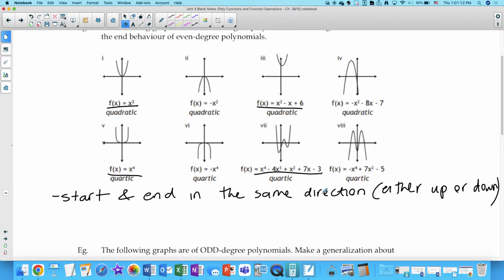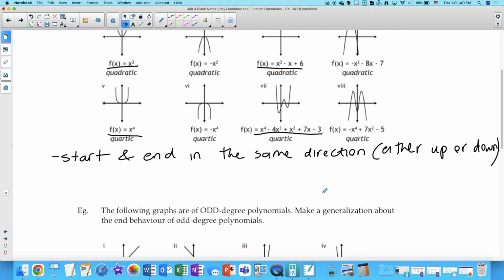The A value for all of them is 1, but the important piece is that it's positive. So if the term with the highest degree has a positive leading coefficient, those functions at the end of the day are going to increase, because we're taking a positive value, let's say 1 or 2 or whatever, and multiplying it by infinity by some power of x, that's going to end up being positive. So if they end up, we have a positive leading coefficient.